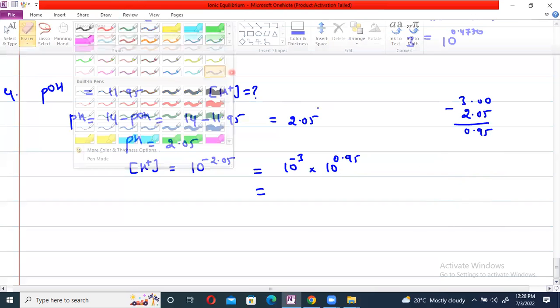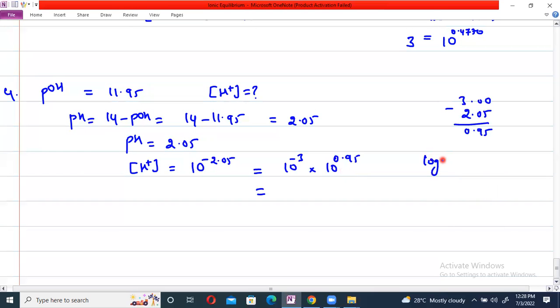See beta, log 5 is equal to 0.7. Log 6, log 7, log 8, log 9, you do. Log 9 means log 3 square, that is 2 log 3, 2 into 0.4770, which is 0.9540.